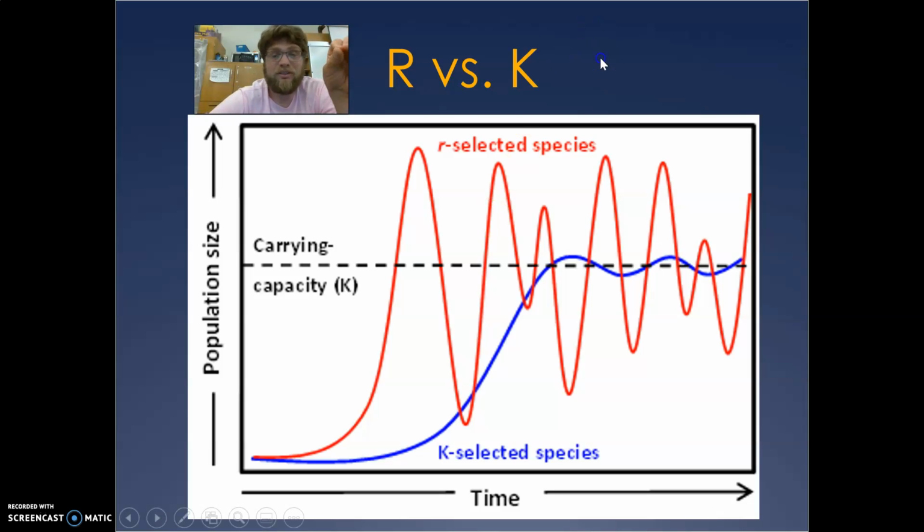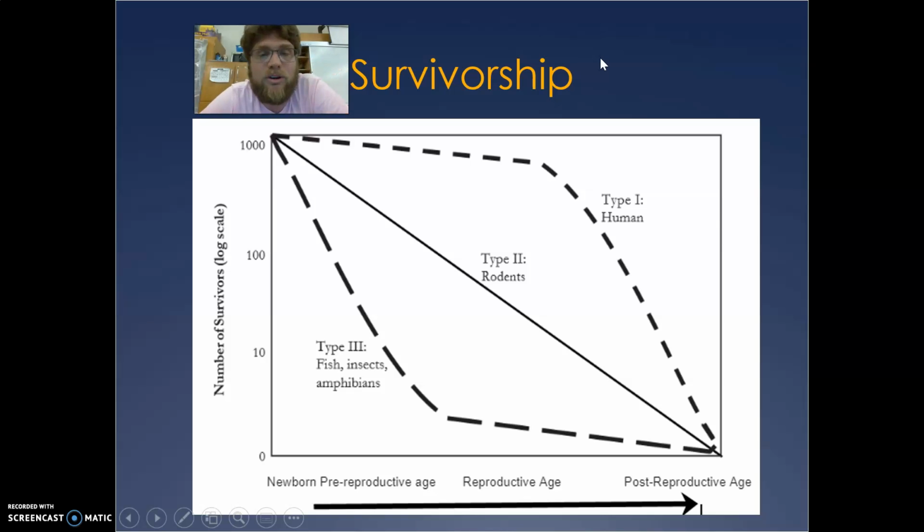We can think about the survivorship model on your worksheet, where the axes are number of survivors and time. So at the top left, everyone survives, and then as we go to the right, eventually at some age, all will die. And the graph will change depending on how quickly that happens and where that happens.